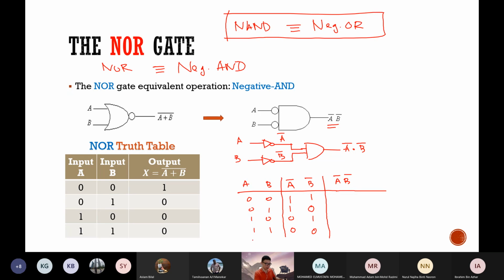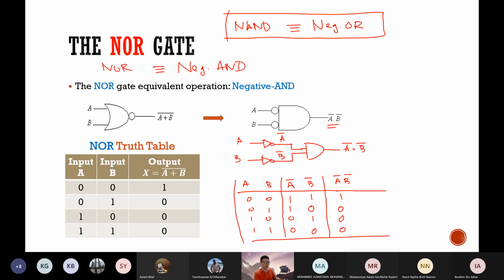Sometimes it's easy to mix up when you have so many 1s and 0s. Now, the output: all you have to do is multiply these two together. You have A bar and B bar already here. So 1 times 1 is 1, and the rest multiplied together are all zeros.